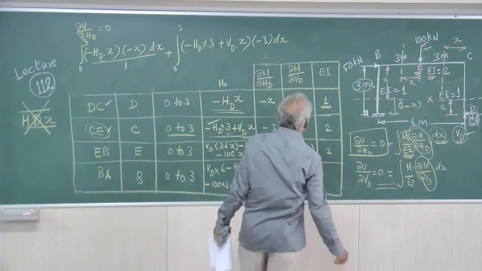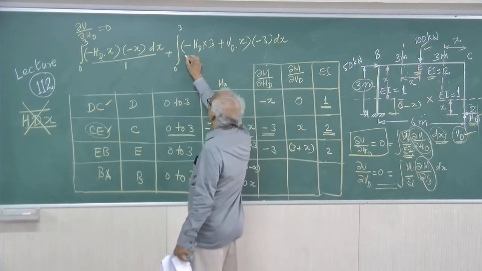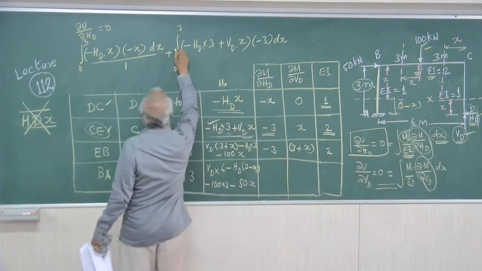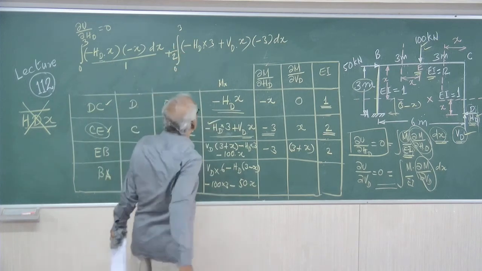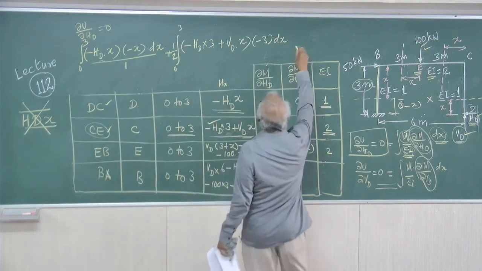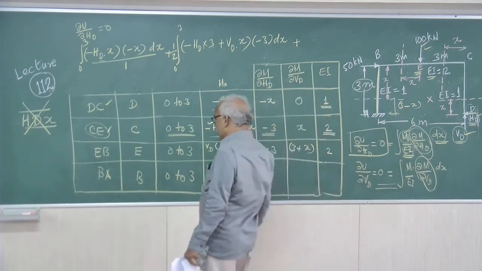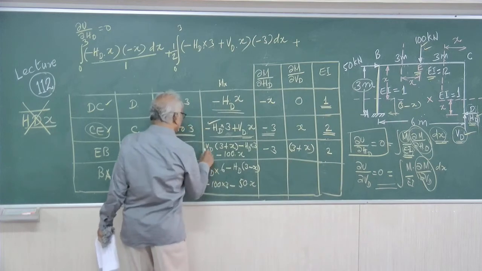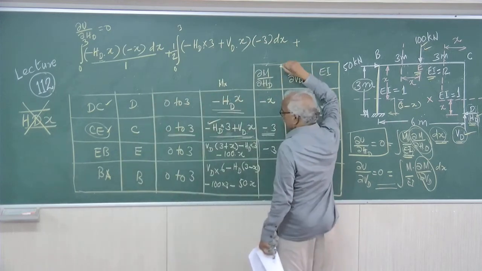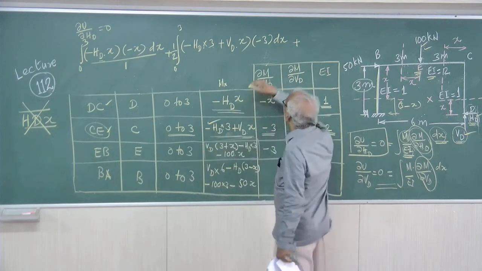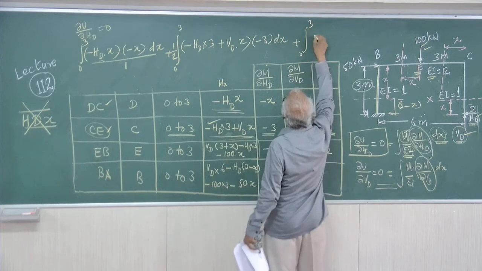And coming to EI, for this portion EI equal to 2. So we can take 1 by 2 outside. Plus, for the portion EB, Mx equal to this value, limits 0 to 3.